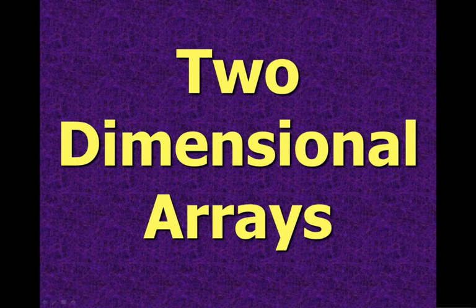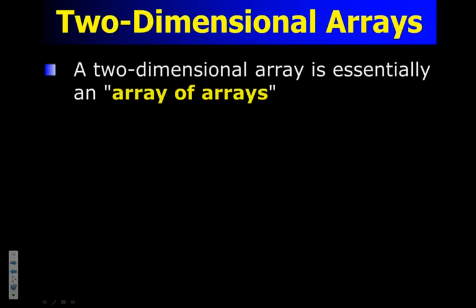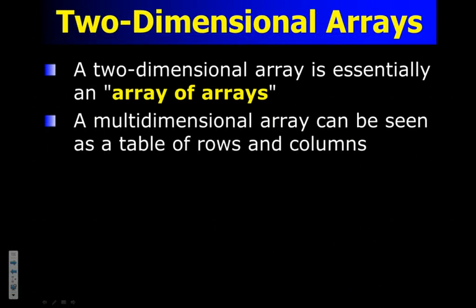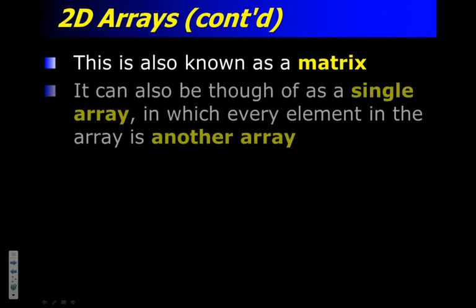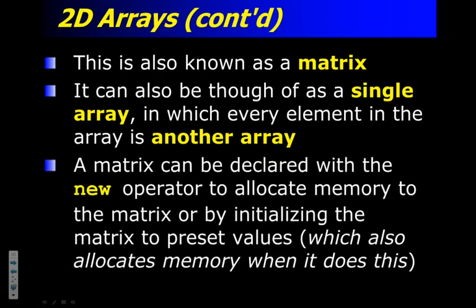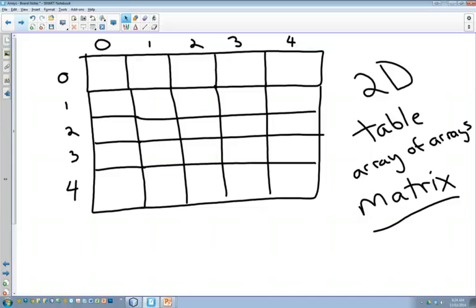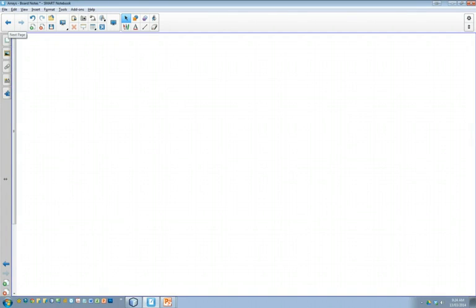And in my notes, I have that. So I talk about how it's an array of arrays, a multi-dimensional array of rows and columns known as a matrix. Okay? It is an array that contains other arrays, okay? But let me try and blow your mind a little bit, okay?